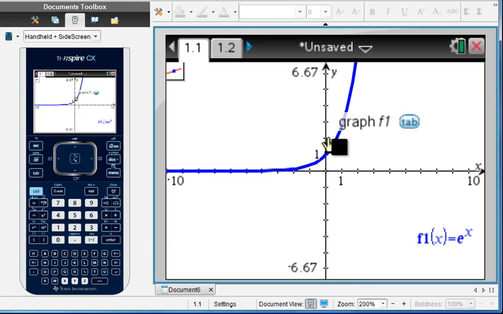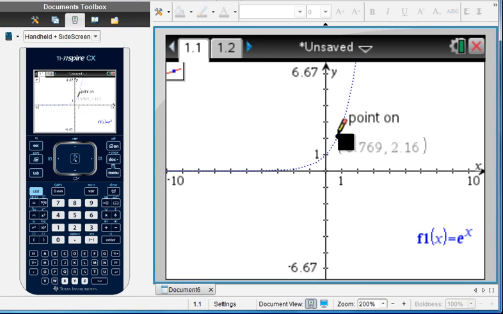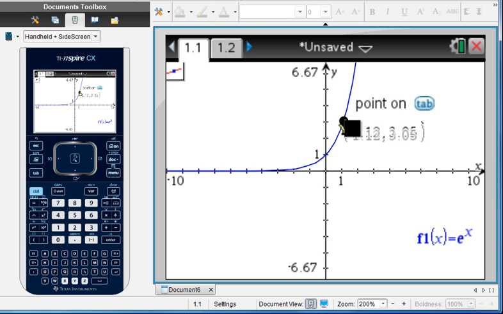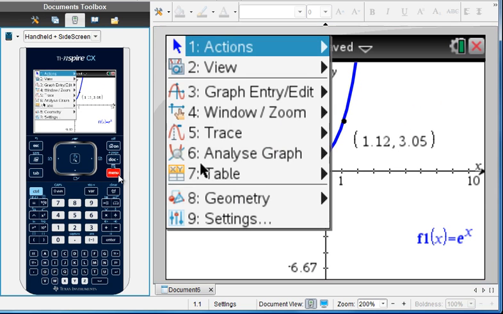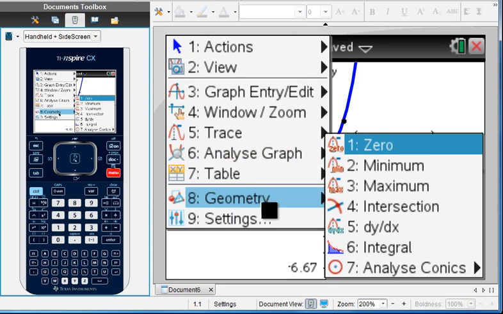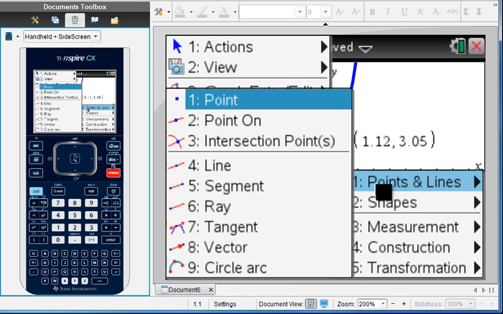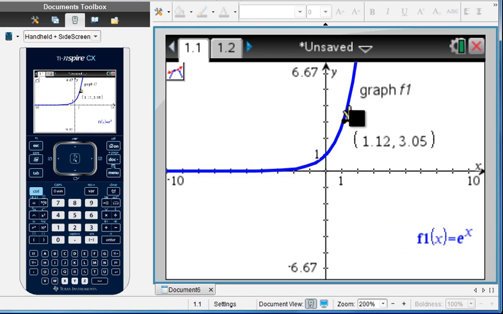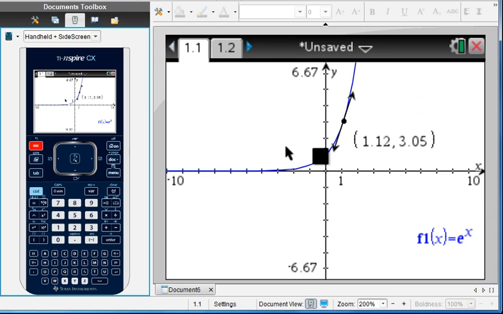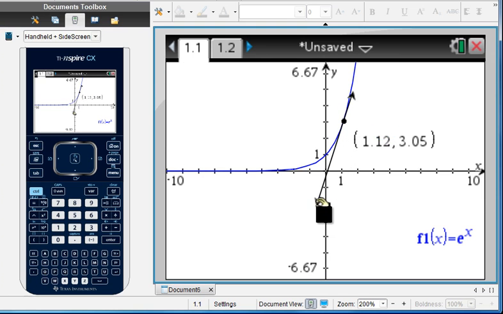I'm going to have a point at, let's say, 1.12. Now I'm going to draw the tangent. Geometry, tangent in this point. Escape to go out of this drawing mode, and then I can just extend this line a little bit.